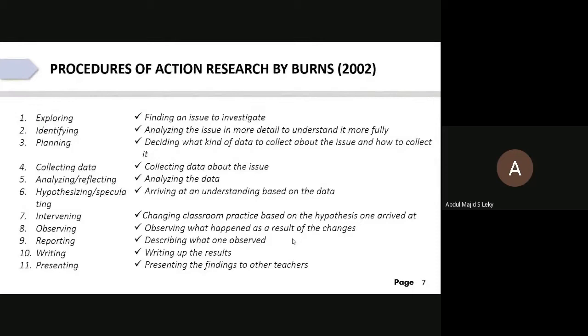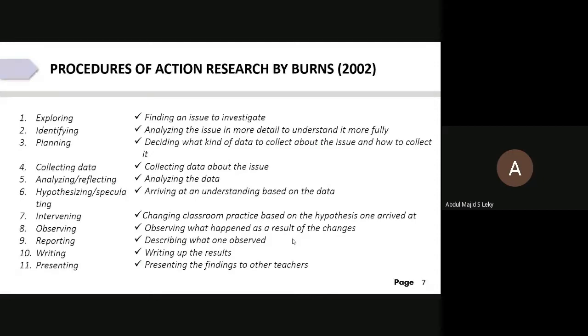In this step, we observe what happened as a result of the changes. So after we implement our strategy, or after we make the change in our classroom process, we need to re-observe what happened as a result of the changes. We need to evaluate the changes that we already made.